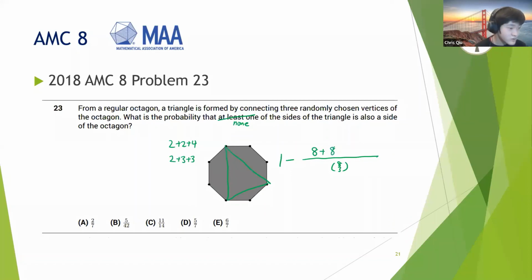And there are going to be 8 ways to have a triangle that looks like this. So this gives us 16 total ways to have none of the sides of the triangle being a side of the octagon.